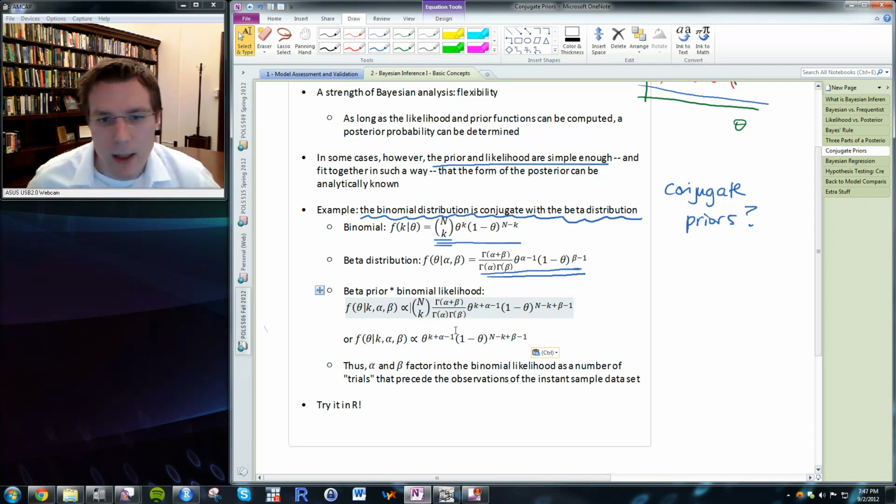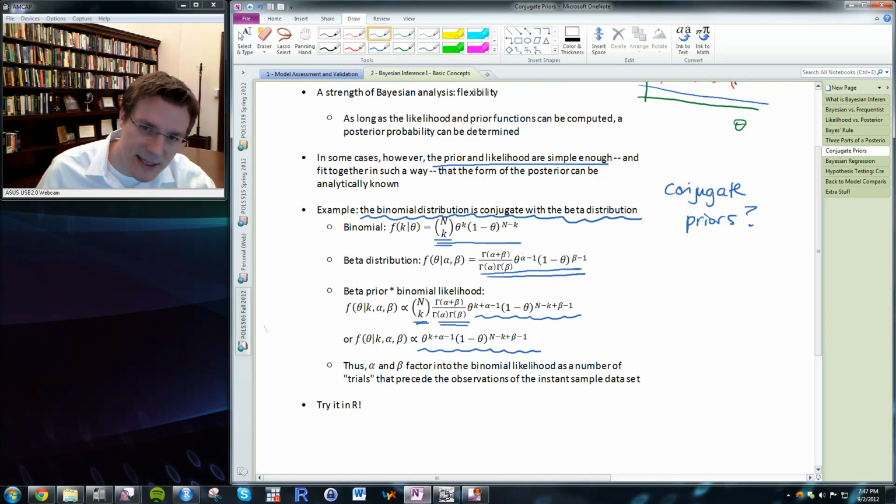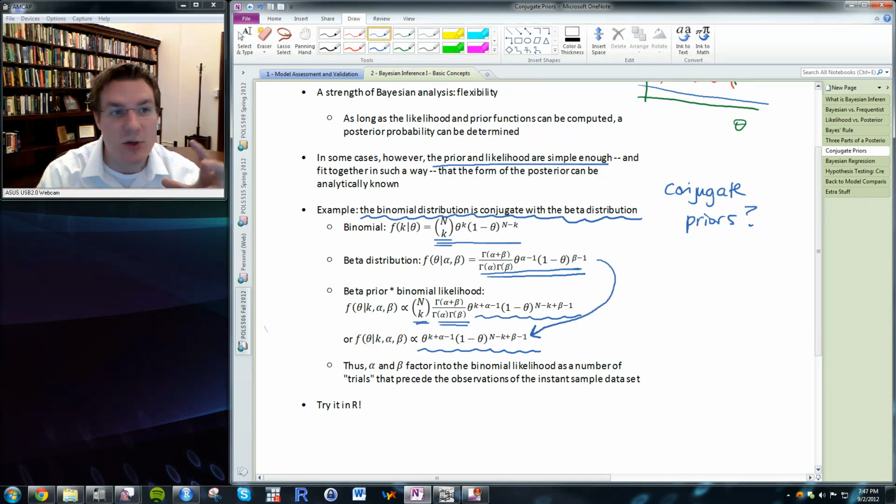We can, as we did before, neglect this binomial coefficient and this leading coefficient on the beta prior and focus in on just this bit right here. And you can see that what's happened is the alpha and beta parameters of the beta distribution have, by the laws of exponents, just substituted directly into the binomial likelihood to form a quasi-binomial posterior density.